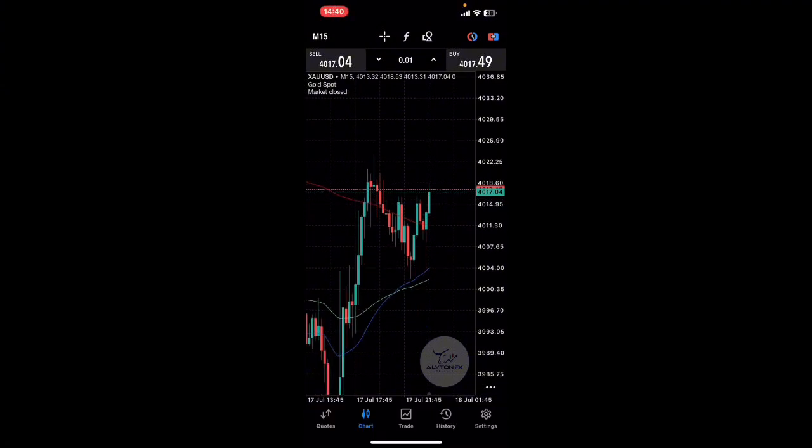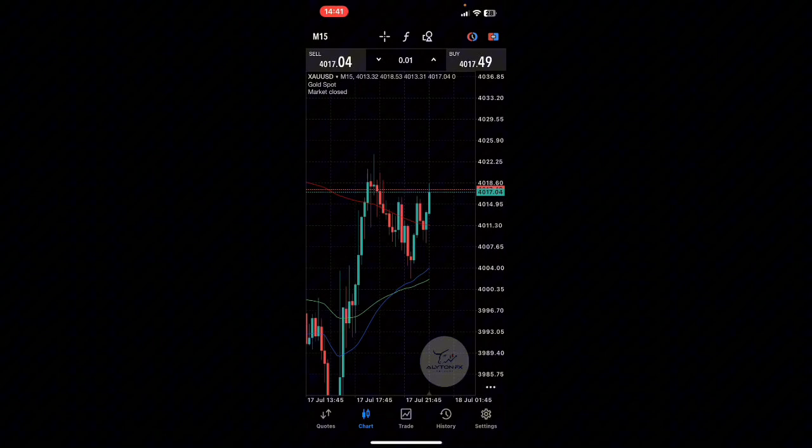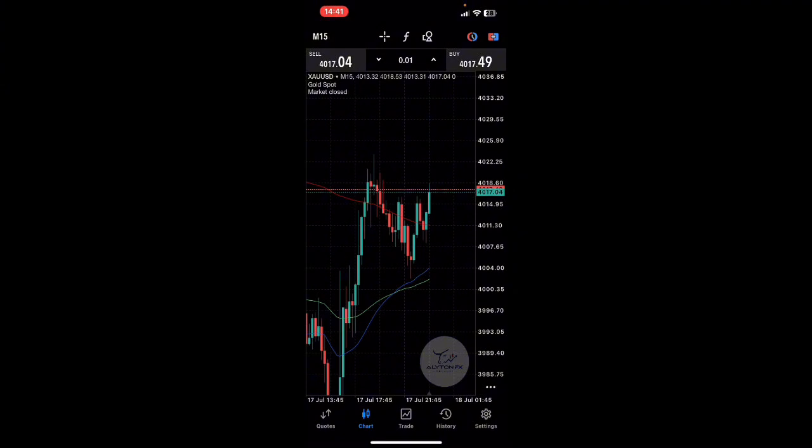So this principle applies to every lot size. A trader using 0.01 lot size and another trader using 0.10 lot size can both catch 100 pips, but the trader using the larger lot size will make more profit because each pip has a higher monetary value. So we measure our trading performance by pips, because not every trader uses the same lot size.